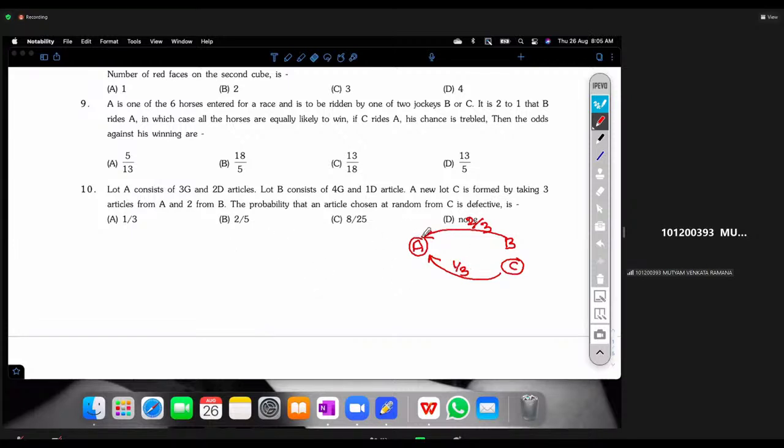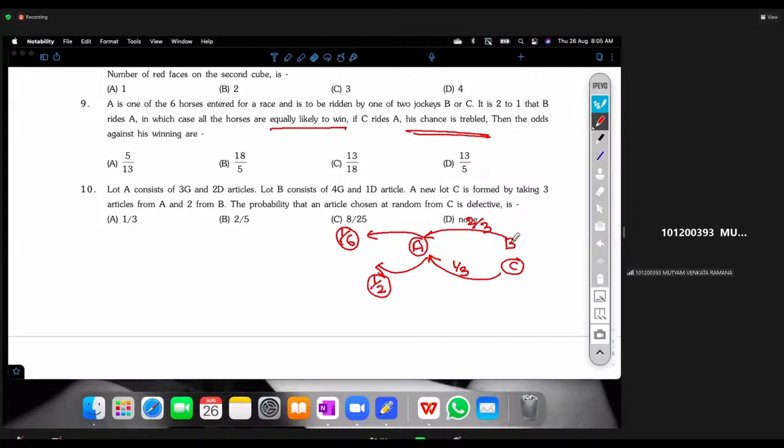If B is riding, it is equally likely to win compared with all the other 5 remaining horses, so the probability of winning is 1 by 6. If C is riding, the chance of A winning is tripled, so this will become 1 by 2.